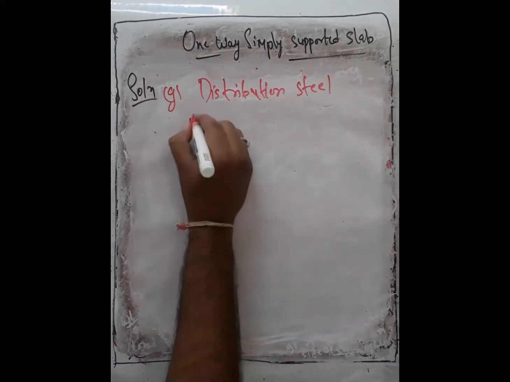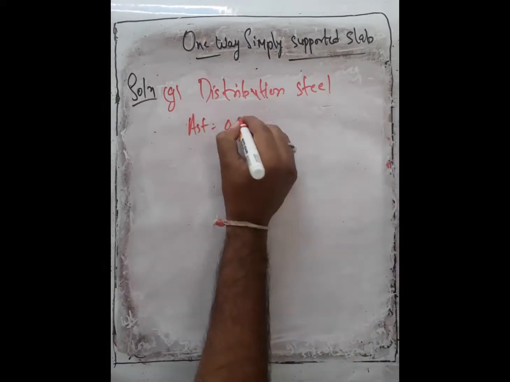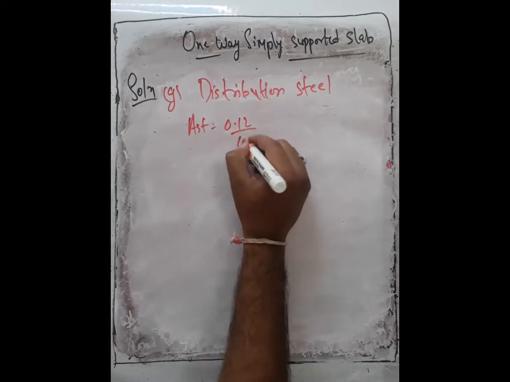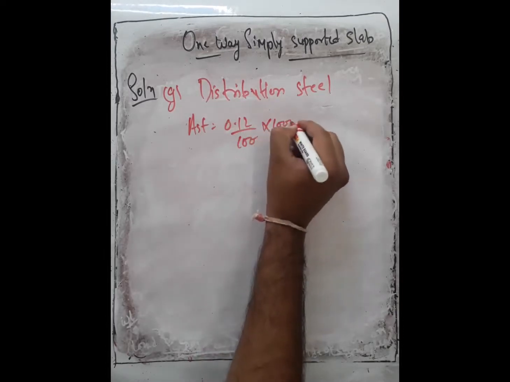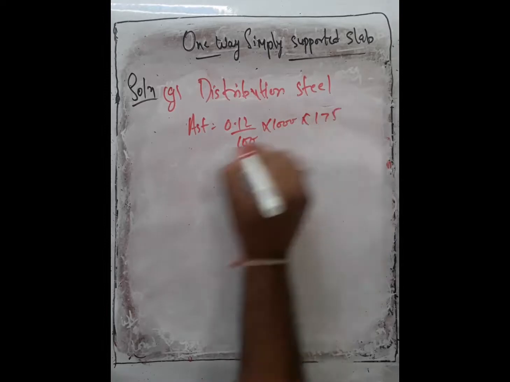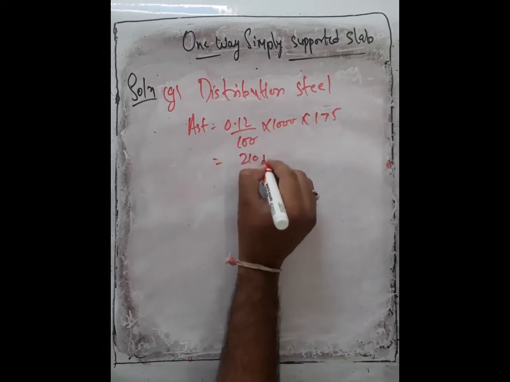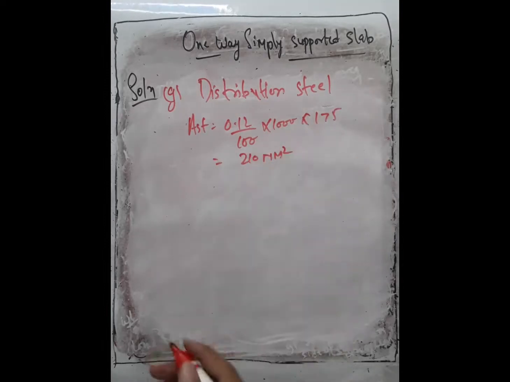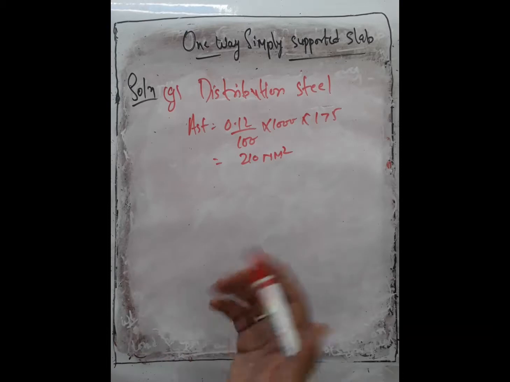We simply take AST minimum is equal to 0.12 by 100 into 1000 into 175. That means 210 mm square. We have to design distribution steel with the minimum reinforcement criteria also. So here we directly take it.